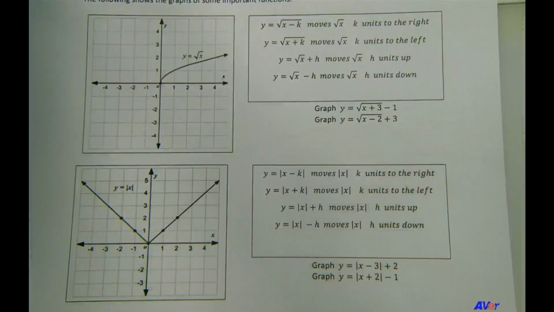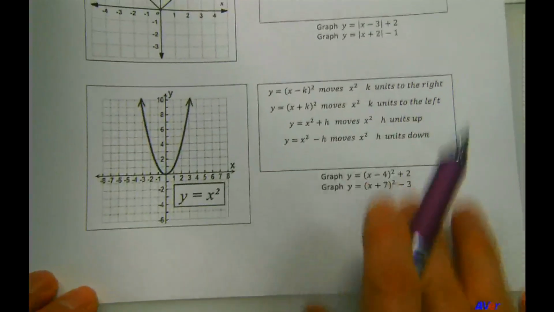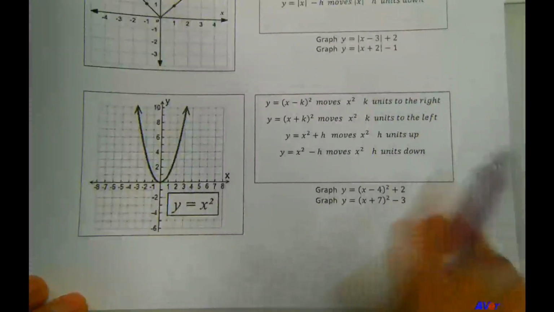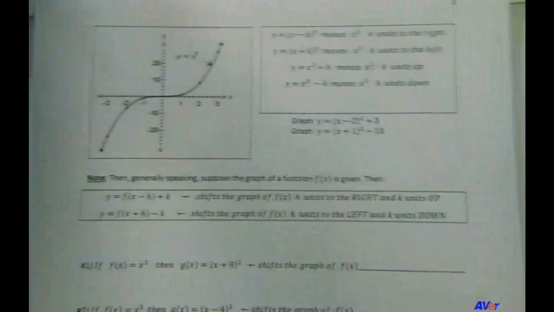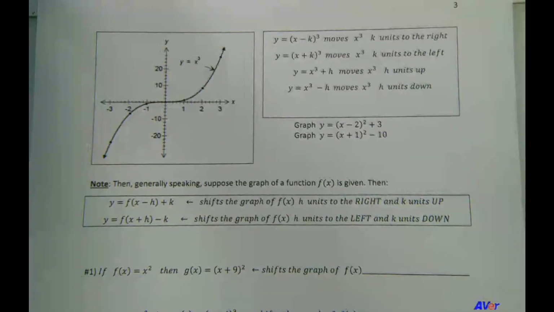These are just different examples on the same functions. So you have the square root function, absolute value function, and the quadratic function here at the bottom, and of course the cubic function, which is one of those 4 different functions we looked at. These are the main functions we look at in this whole course.